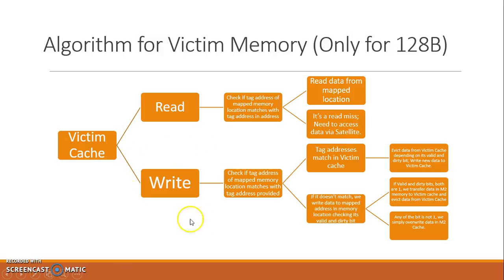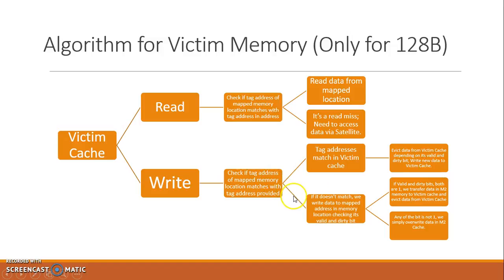Now for write, again we check the same tag address of the map memory location with the tag address provided. So there can be a hit or a miss. If it's a hit, then the tag address matches in the victim cache. Depending on the valid bit and dirty bit, either we evict the data or we write the new data directly to the victim cache.